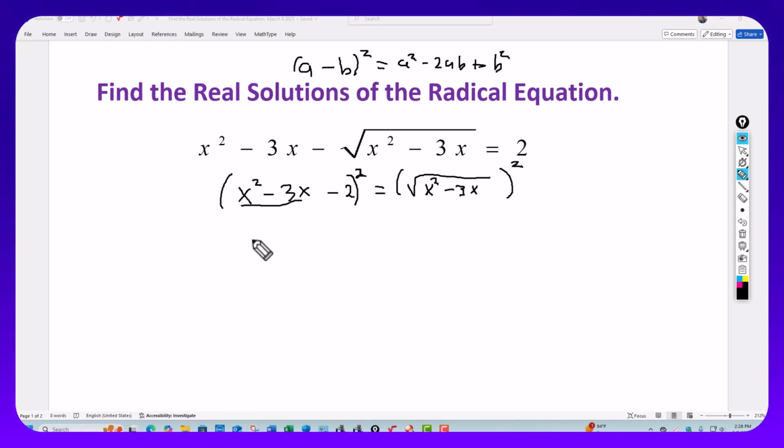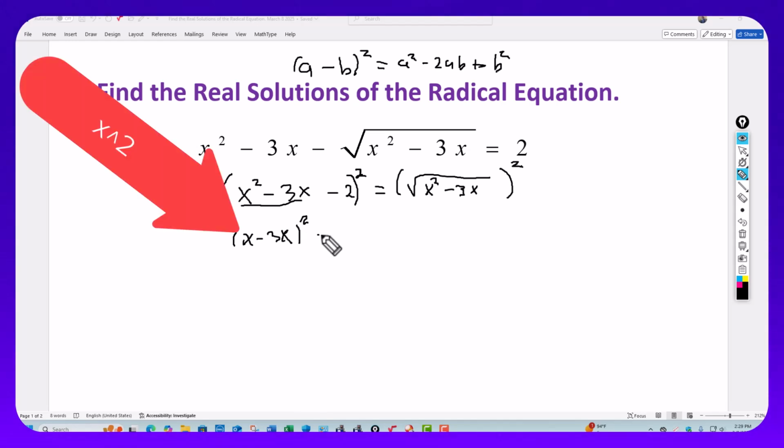In the same way, treating this x squared minus 3x as your a, this becomes x squared minus 3x, quantity squared, minus double the product of these two terms. So it'll be 2 times x squared minus 3x, so it'll be a 4 here: minus 4 times x squared minus 3x, and then plus 4.